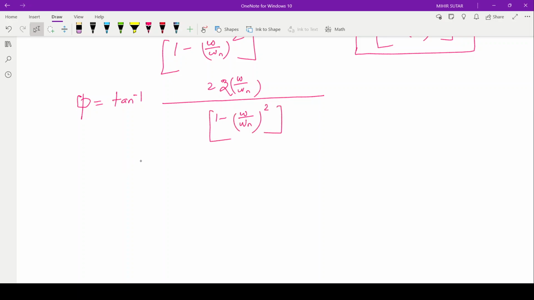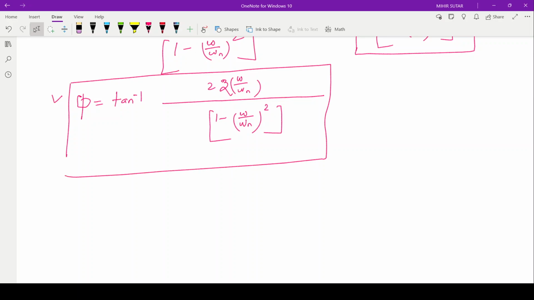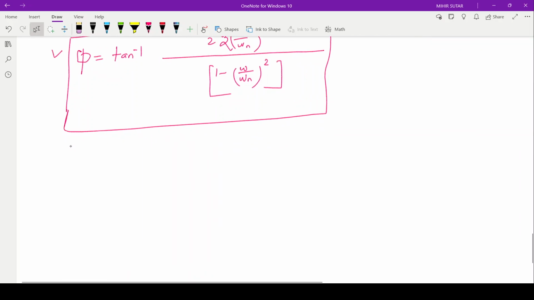So this is the phase angle, and that is the magnitude. When zeta is 0 and omega by omega n is less than 1, phi equals 0.